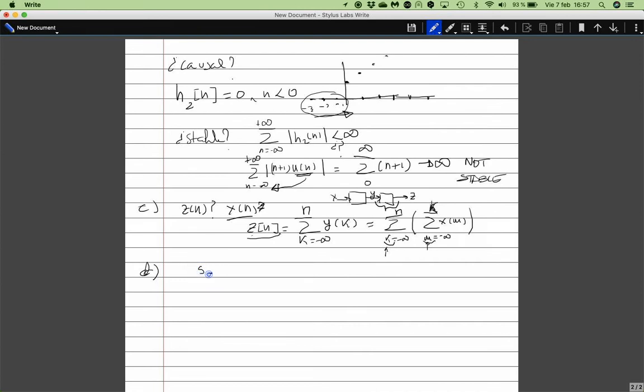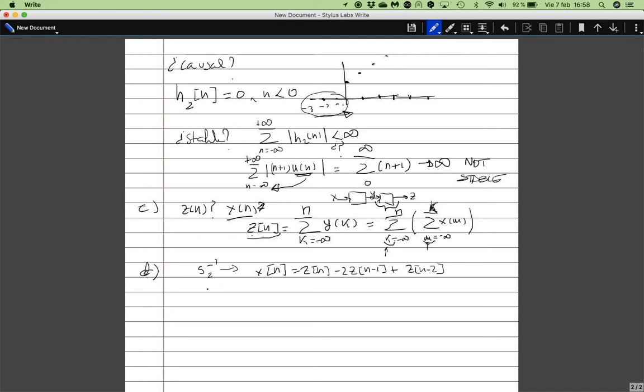So S2 minus 1 basically is defined by the following relationship: x of n, which in this case is the input, equals zeta of n minus 2 zeta of n minus 1 plus zeta of n minus 2. Okay? We have to demonstrate that this relationship is the relationship of the inverse system of S2.